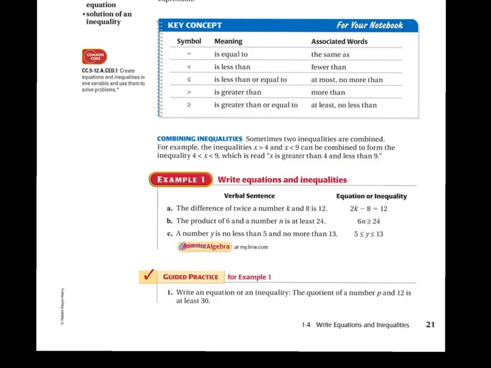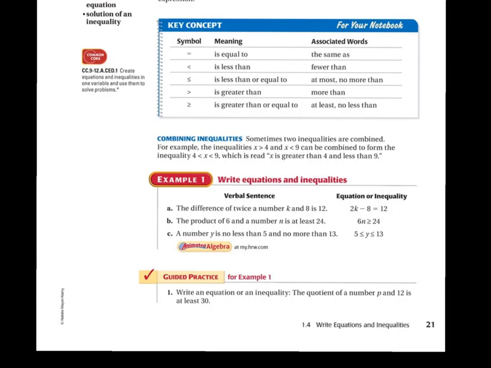Okay? So down here in example 1, we have our verbal sentence. The difference of twice the number k and 8 is 12. Okay, so twice the number k, so 2k, and difference again, so 2k minus 8 is, that means equal to, so 2k minus 8 equals 12. For B, we have the product of 6 and a number n.